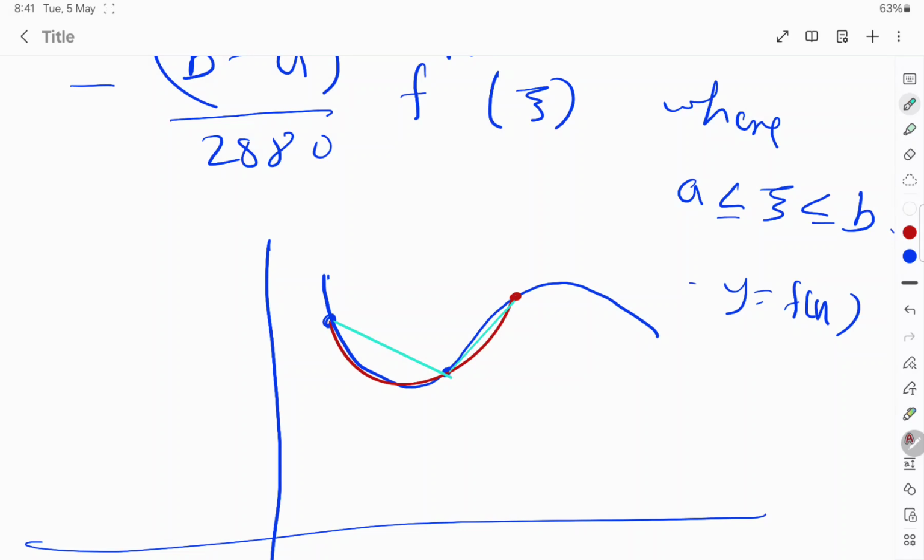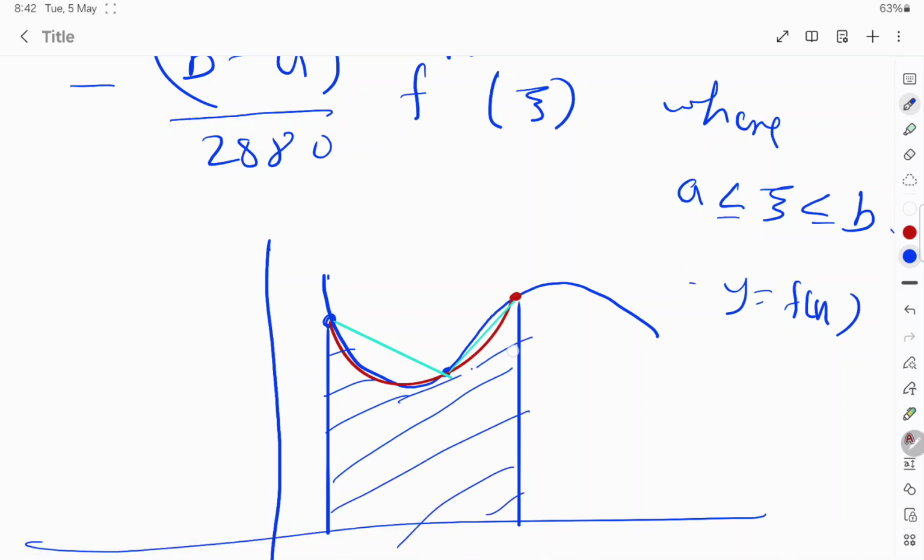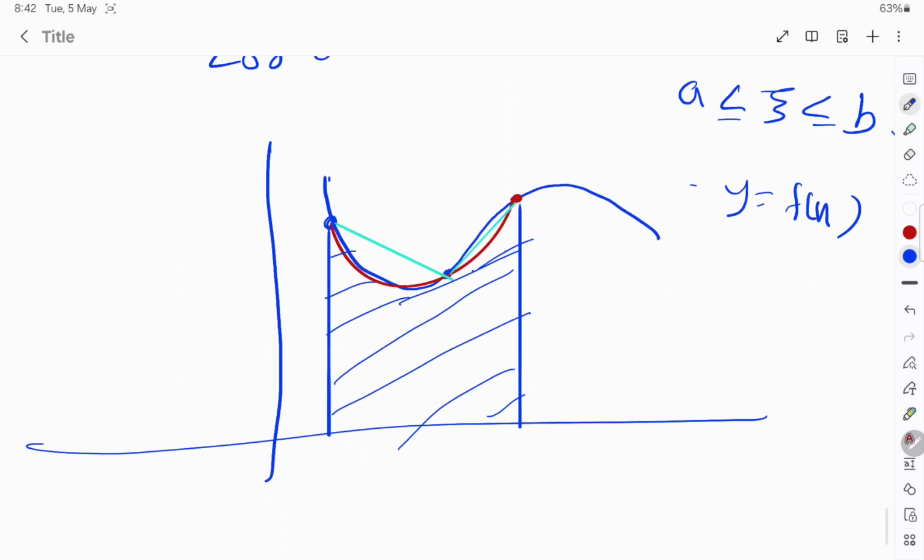You can see the red one gives a better area, because the area is this much. The red one is closer to the actual blue curve, so it is better if you apply the Simpson 1/3 rule.